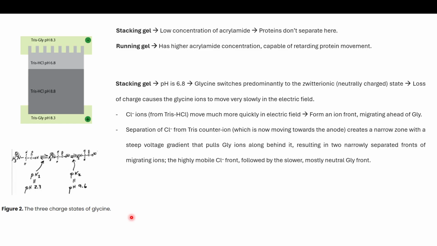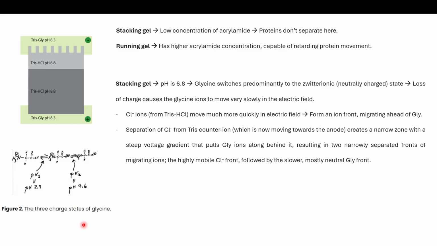Additional charge can be there due to the type of functional group present in an amino acid. In the case of glycine, it has H, H, NH2 and COOH. This is glycine.